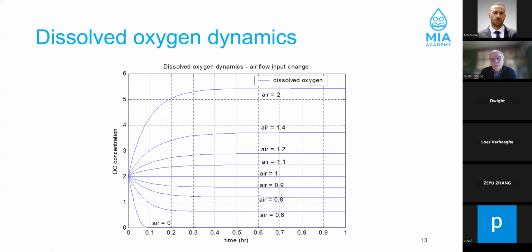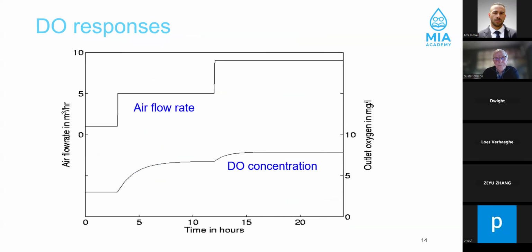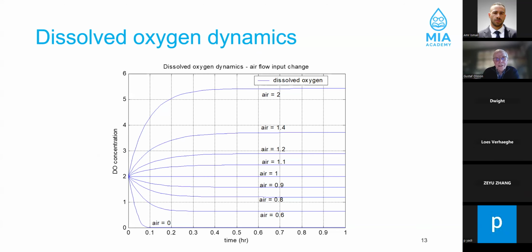So from a control point of view, that means that the airflow has to be different if you start at a high DO level or if you start at a low DO level. In other words, the response time or the response amplitude depends on where you are in the system. In other words, it's a linear system. Sorry, a non-linear system.